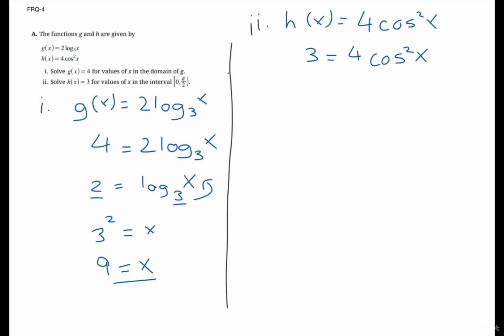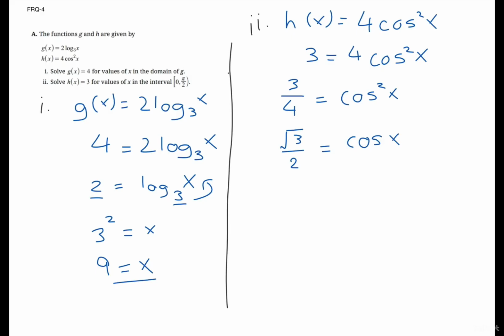Now, whenever you're dealing with trigonometry or logarithms, I will advise you to isolate the logarithm or the trigonometric part, and get the constant on the one side. So if I divide both sides by 4, I have 3 over 4 equal to cosine square x. Now if I take the square root of both sides, I have square root of 3 upon square root of 4, which is 2, is equal to cosine x.